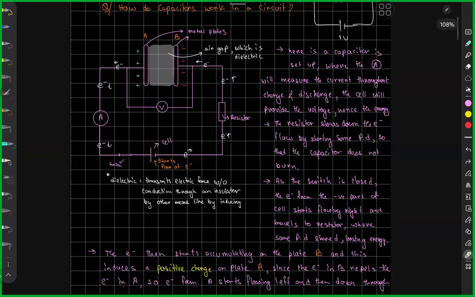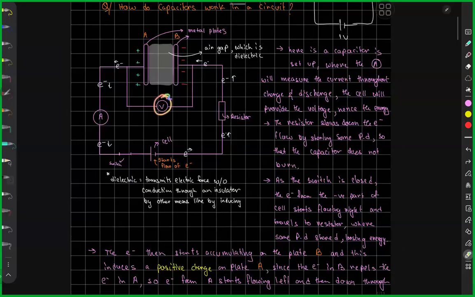Now, the second part of this circuit is a voltmeter. Last class, I did give you a bit of a pointer. It measures the potential difference across any part of the circuit. So if you have the voltmeter attached over here, what does it measure? The potential difference of the cell itself. Fair.